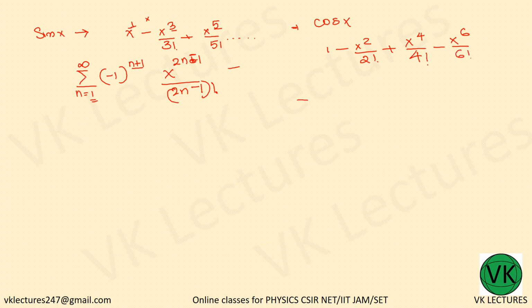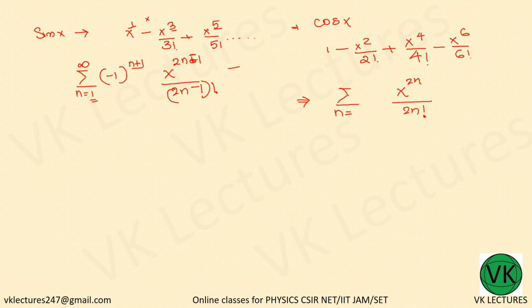Here we can write the sum over n equal to 0, let us write first the x terms, x to the power 2n divided by 2n factorial, this is fine.